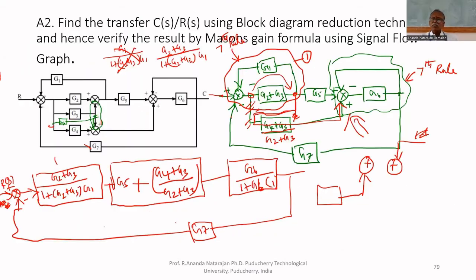Now we have to solve this by using signal flow graph. Now we have to convert this into a signal flow graph. For that, for every junction, we have to name a node, including the source node and destination node. This is the source node. C is the destination node.